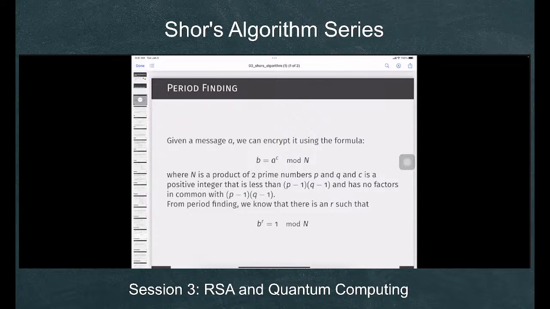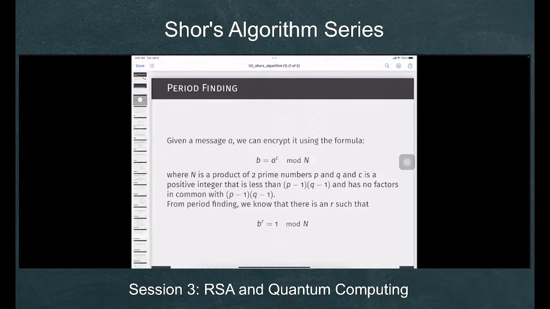Now, I mentioned the public key C and N. There's also a private key. The private key is the one that is kept by the person who can decrypt the message. For example, if we have Alice and Bob, and Bob wants to send a message to Alice, given the public key of Alice, which is N and C. If Bob sends the result, which is B, only Alice can decrypt that using her private key.